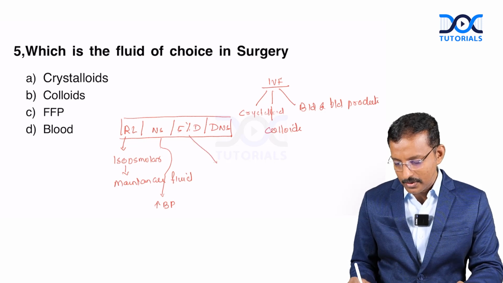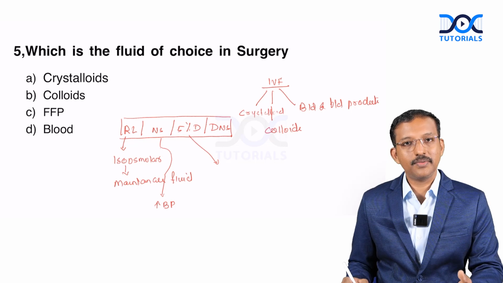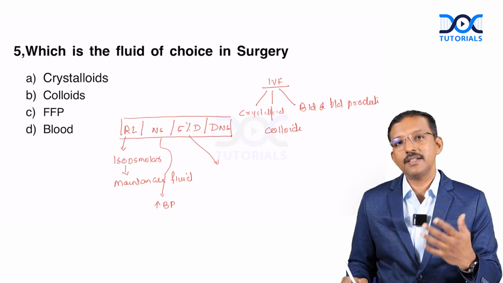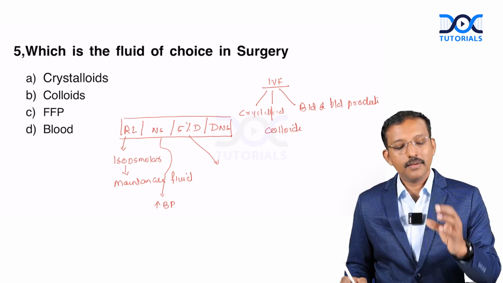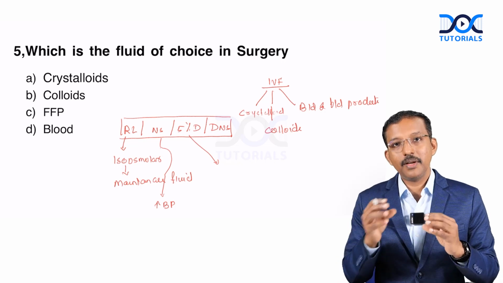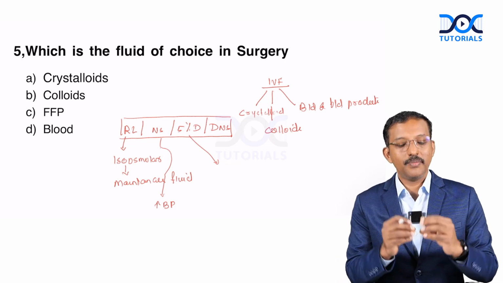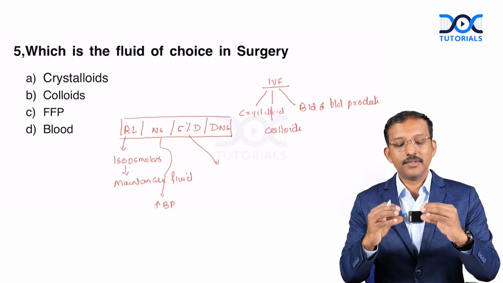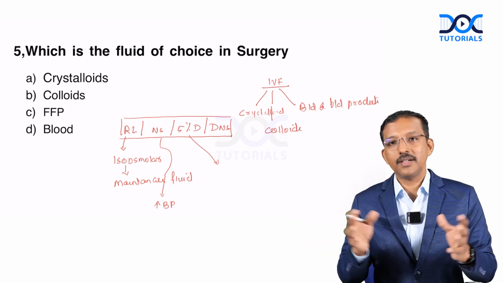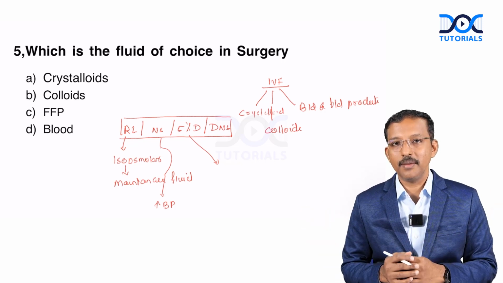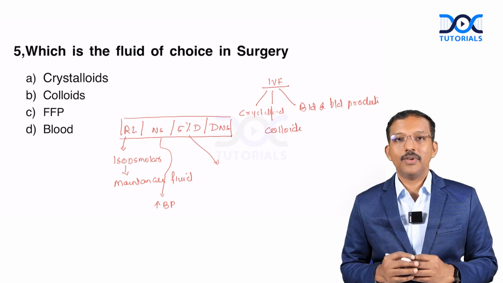Now 5% dextrose is practically useless nowadays. We don't use 5% dextrose because it doesn't actually go into the vascular compartment. The moment 5% dextrose enters the system, dextrose is metabolized away and it is free water which actually goes to the tissues and produces more tissue edema, doesn't stay back in the vascular compartment.